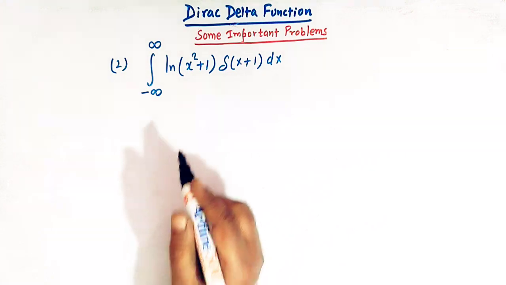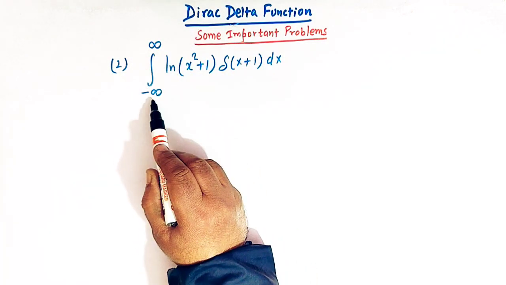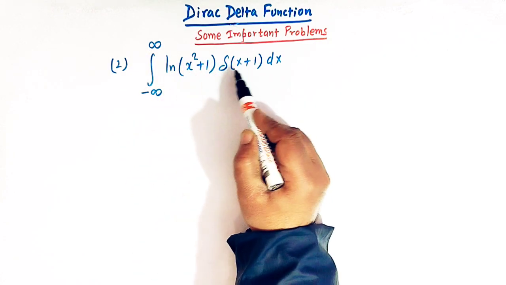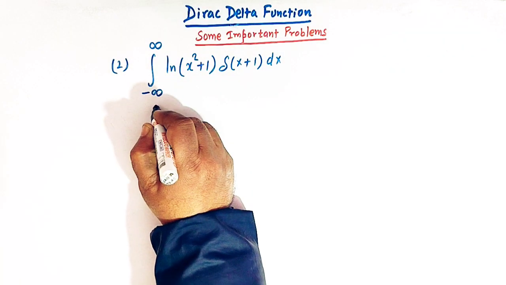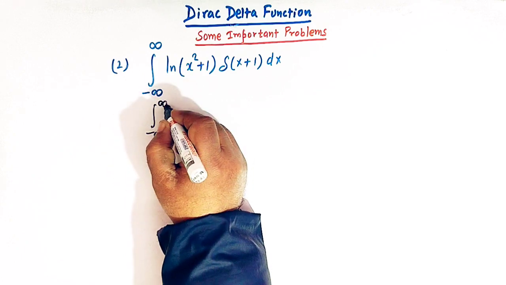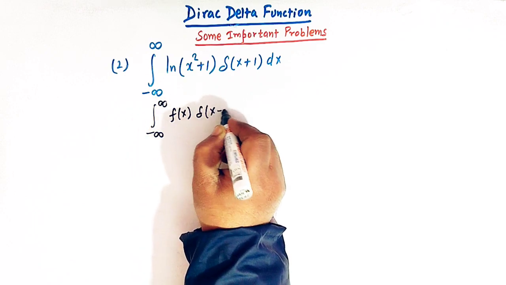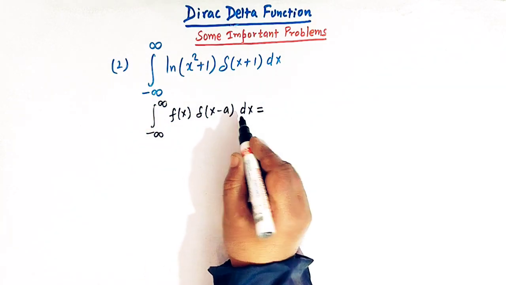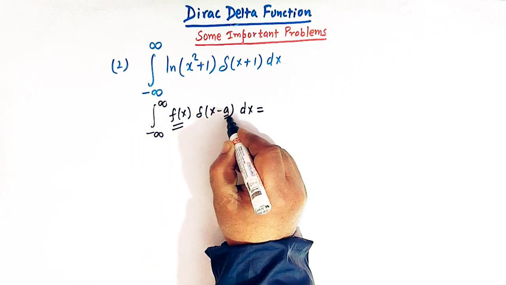So now let us consider the second problem. Here we have to compute this integral from minus infinity to infinity of log of x square plus 1 and delta of x plus 1, right? Now see, if we again consider this integral, minus infinity to plus infinity of f of x delta of x minus a dx, then the value of this integral is equal to the value of the function f of x at this point a.